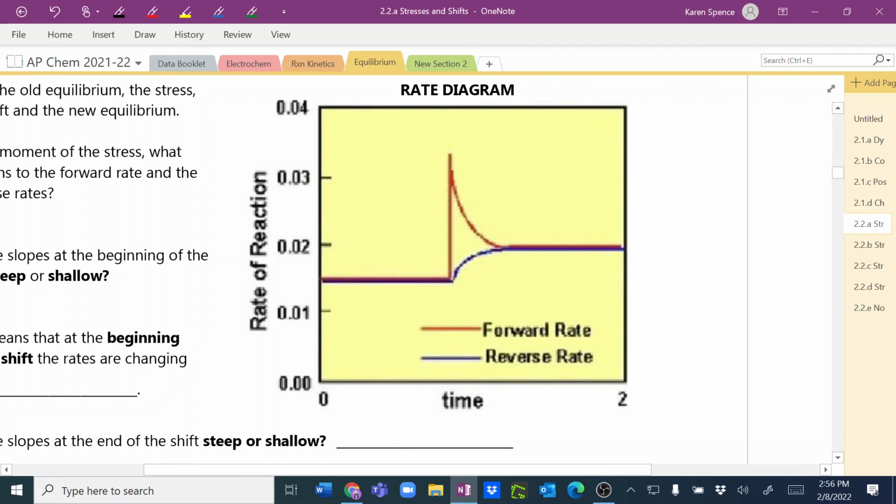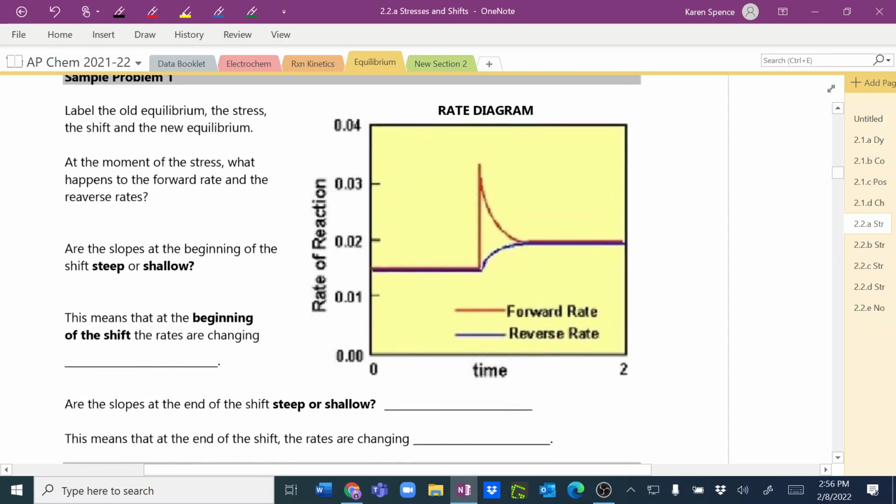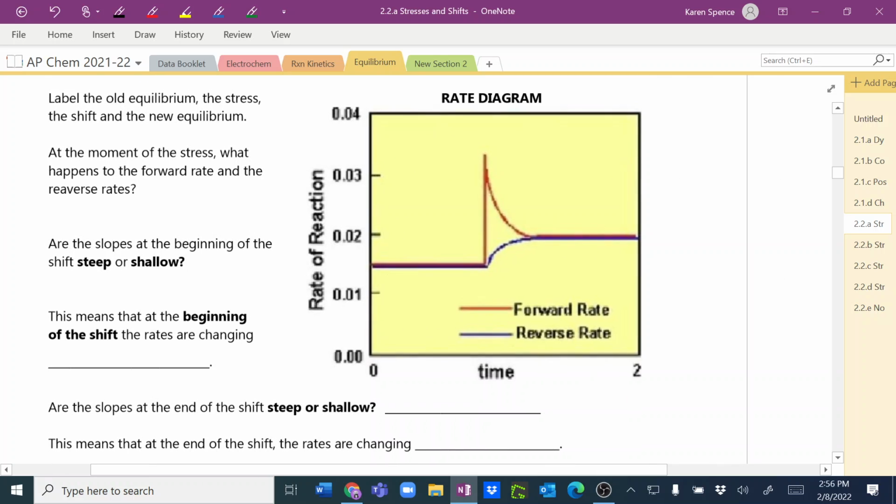Okay, so here is a rate diagram, for example. Let us label the old equilibrium, the stress, and the new equilibrium. Do you guys think you could do that for that rate diagram? The old equilibrium, the stress, the shift, and the new equilibrium.